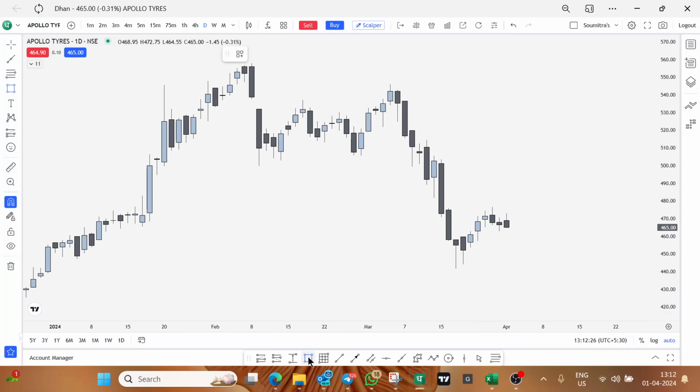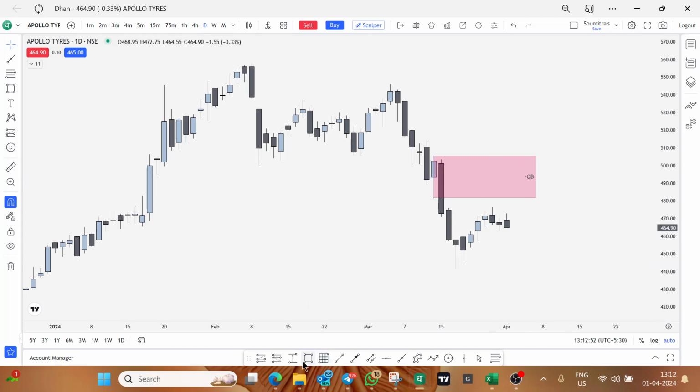So first of all, our understanding here was the price is supposed to go to this order block, as we can see here. So what I thought initially was price will be reaching this order block.